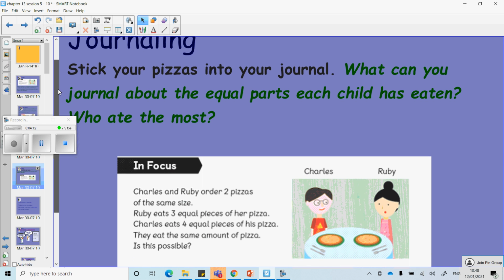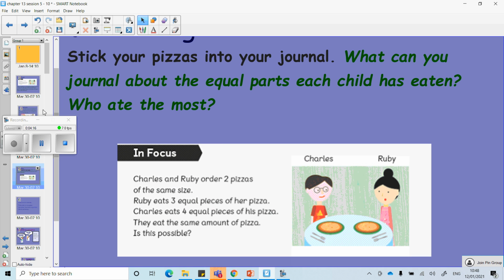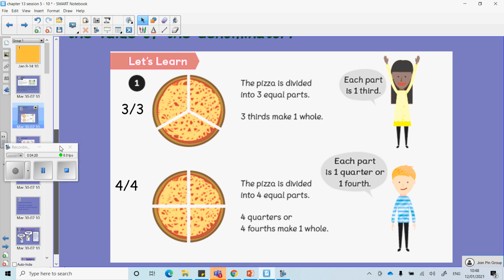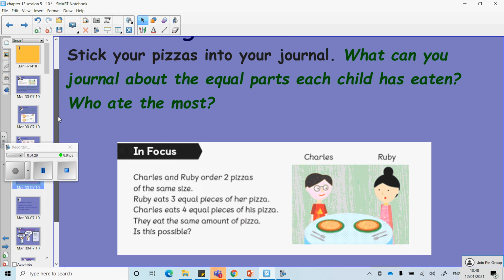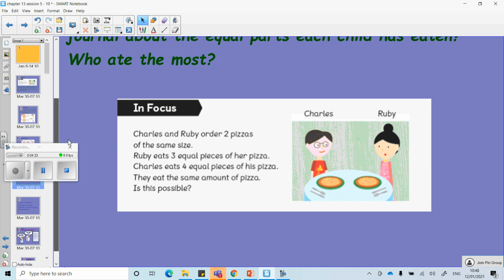Now, today for your journaling exercise, I'd like you to take your pizzas, and I have given you a piece that looks just like this to use for your journaling, and I would like you to cut them out, stick them down, and tell us about the parts they have eaten.